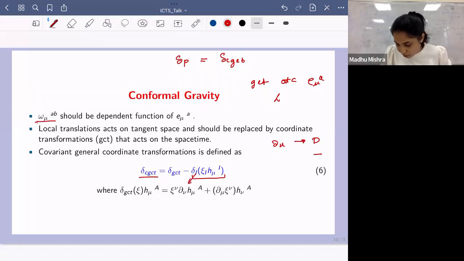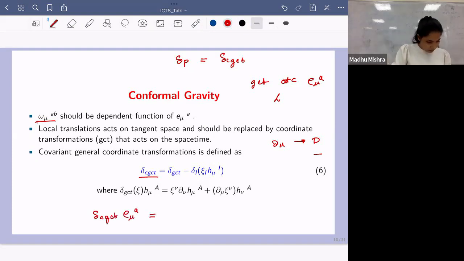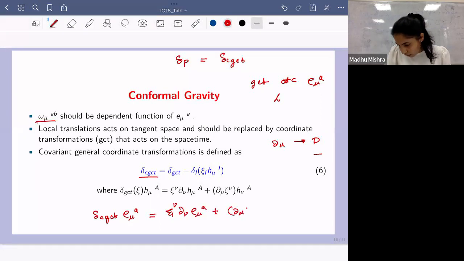Here I corresponds to the standard gauge transformation, so all the transformations except the local translation. And when we calculate this covariant general coordinate transformation for E mu A, basically what we have is this. This is the Lie derivative of E mu A plus, from this part, the general coordinate transformation, and what I'm going to do is subtract this thing.